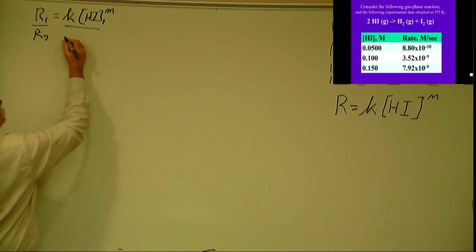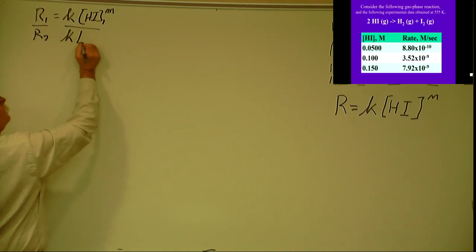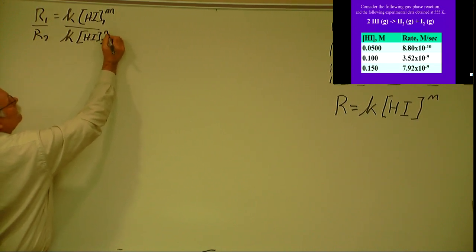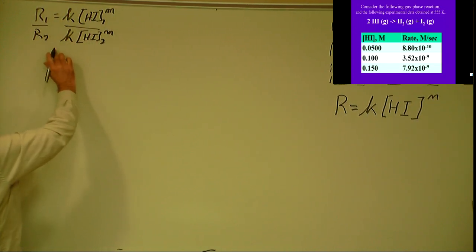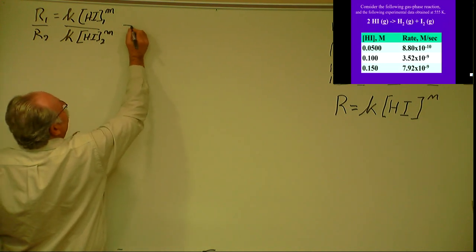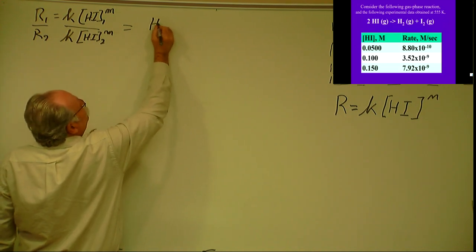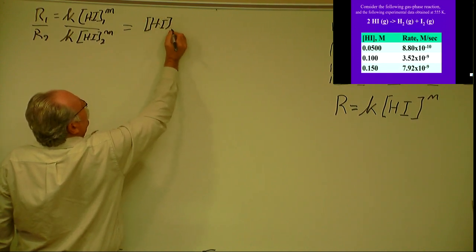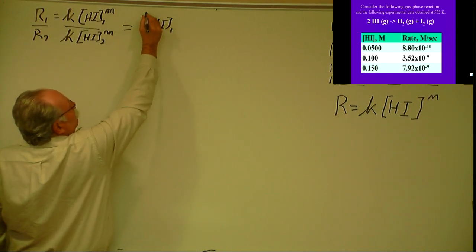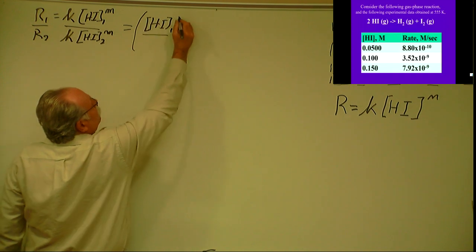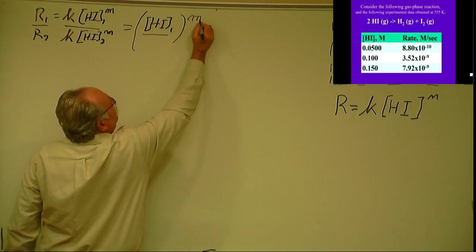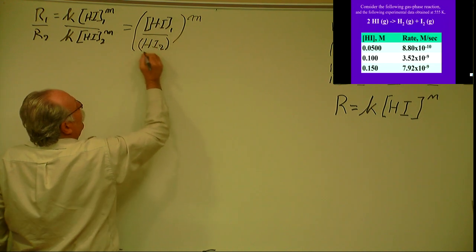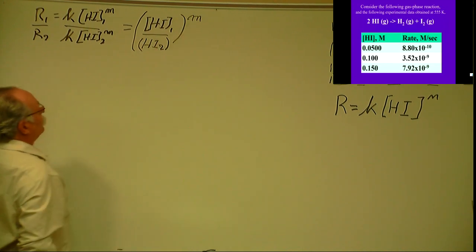But I know that R2 is equal to K times HI state 2 to the power of M. Now my K's cancel, so this becomes equal to HI at state 1. And these are both to the power of M, so I can put them under a common thing here, over HI2 to the power of M, okay?